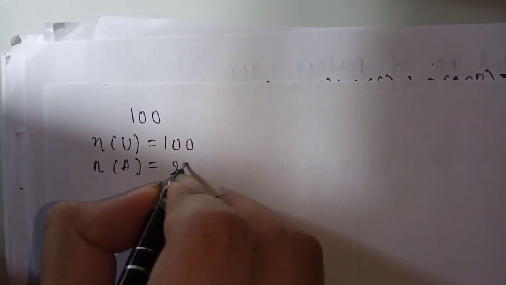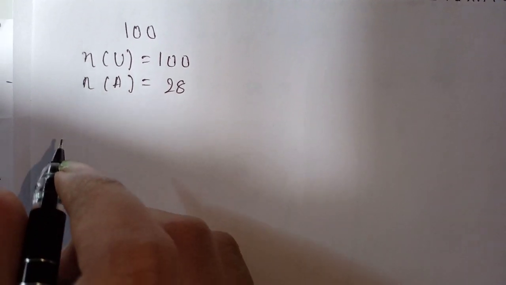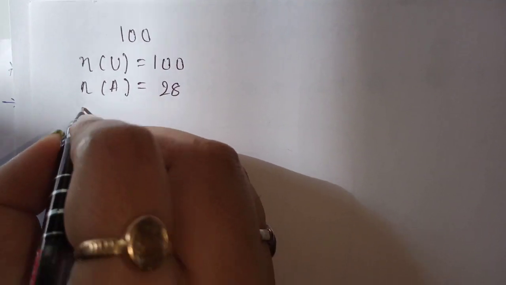Or let's see this example in one easier method, with an easy method. What is given? Total number of persons is 100. Therefore, number of U is 100. Number of A is equal to 28. I am using a Venn diagram here. That will be easier for you all to get the answer.